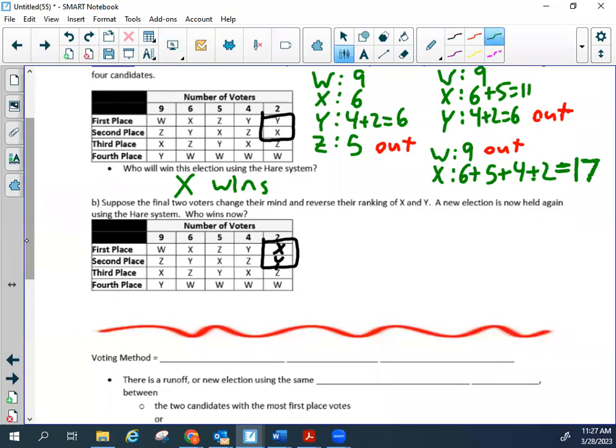Let's run this again. So I have W, X, Y, and Z. W has 9 votes. X has 6 plus 2 votes, so that's 8. Y has 4 votes, and Z has 5 votes. And so the loser is Y, who is now out.